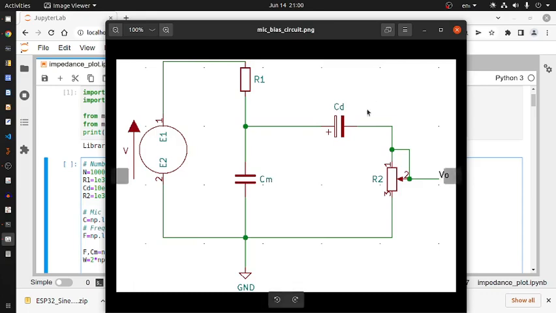Let's take a look at this particular schematic. This is the biasing voltage, the DC biasing voltage, and R1 is a resistor which biases the mic condenser, and Cm is the capacitance offered by the microphone, which I will also refer to as a mic condenser.